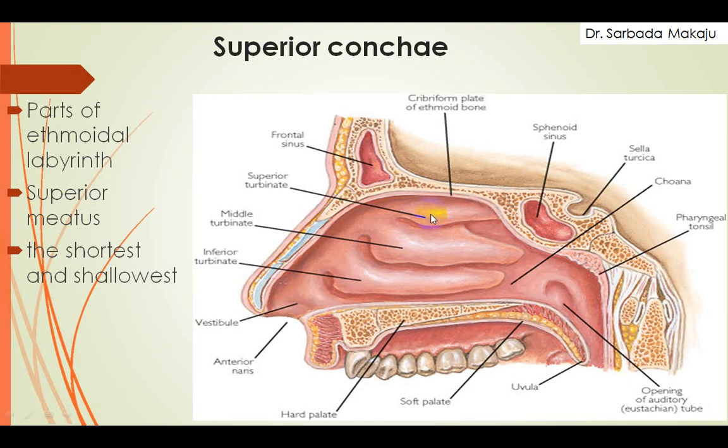In between the superior concha and the middle concha, there is a space. This is known as the meatus, the superior meatus. Compared to the middle and the inferior concha, this concha is the shortest and the shallowest.